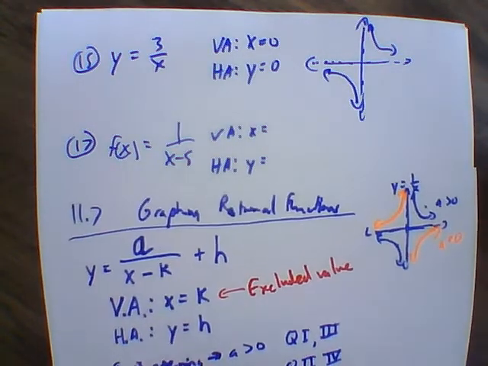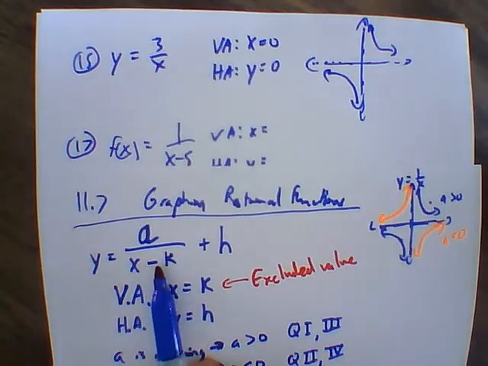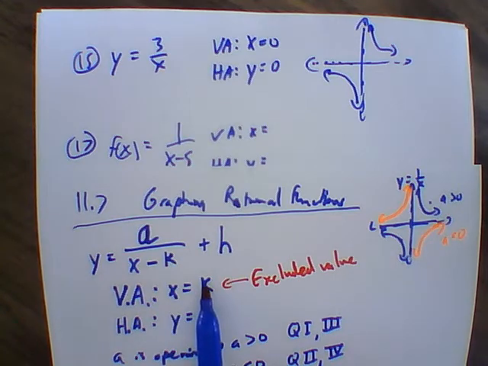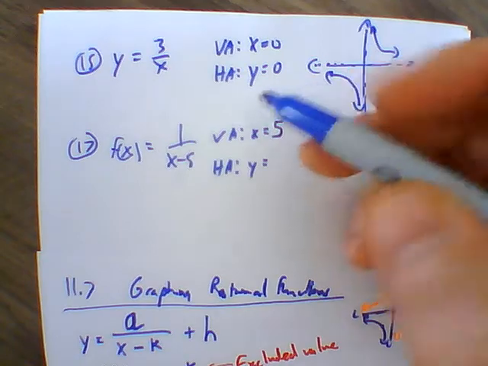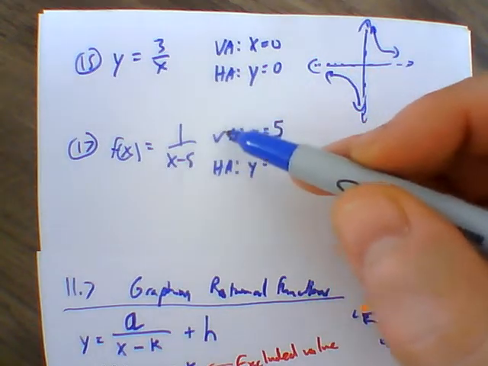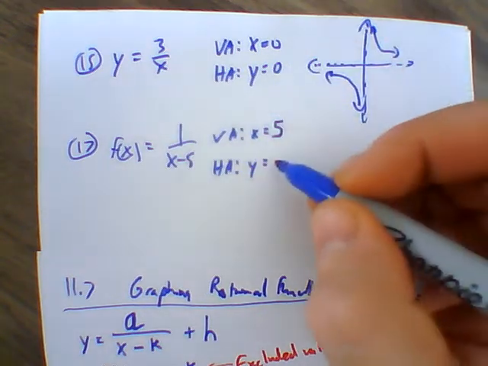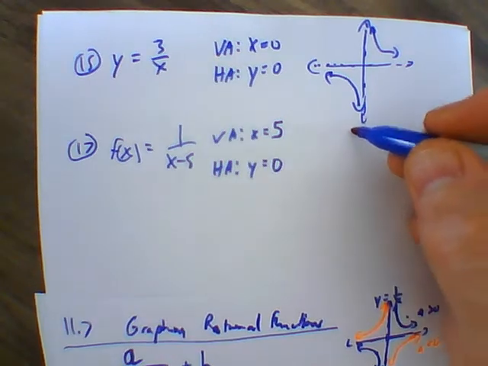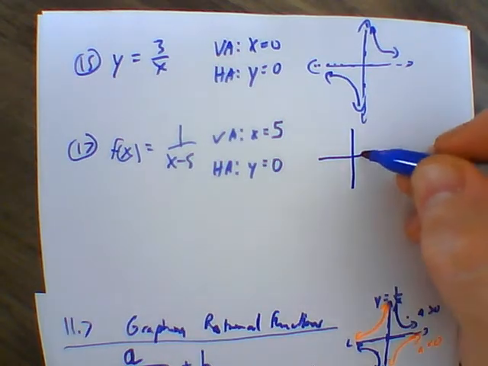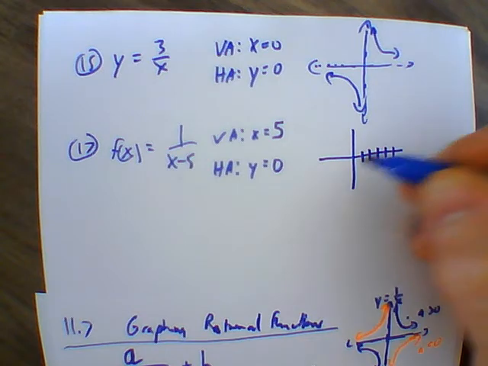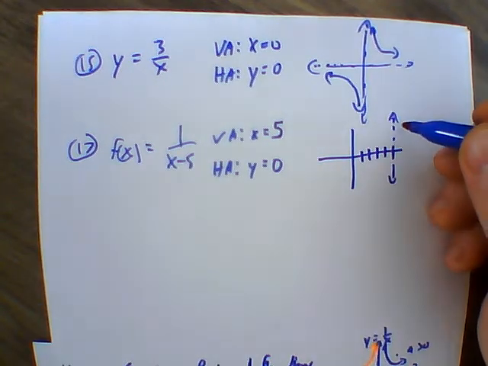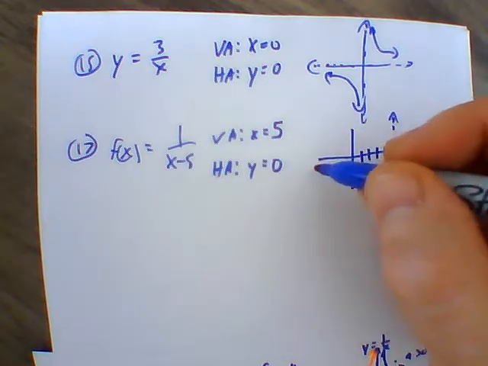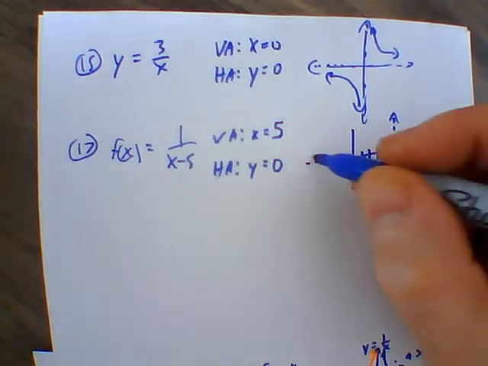Coming back to our formula, we had that minus k, and it was this. So we go 5. And then we are not adding anything out here, so that's where that 0 comes in. Now when we graph this, at 1, 2, 3, 4, 5 on the x, we have this vertical line. And then we have the horizontal right here.